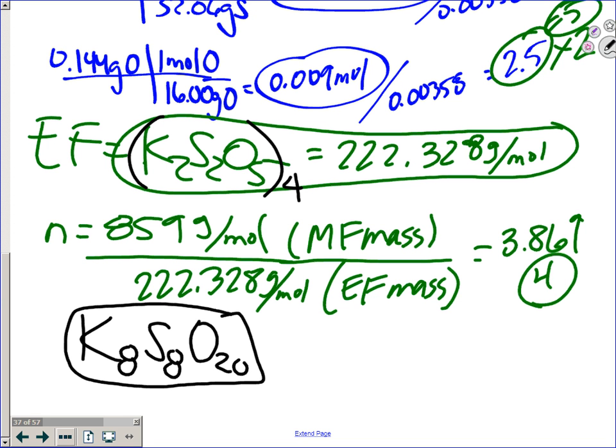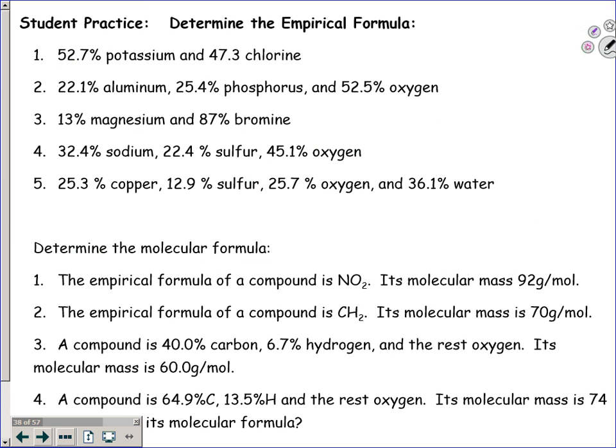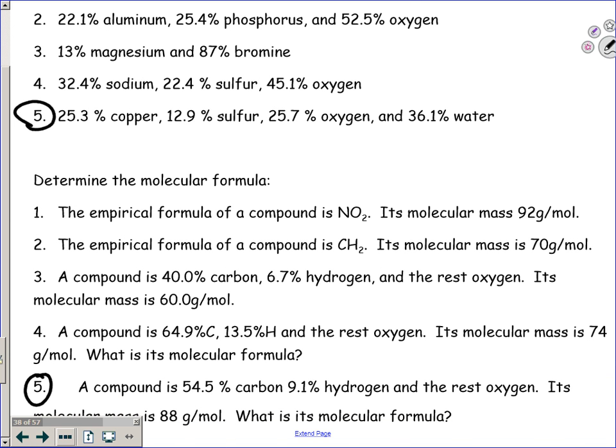Do you see number 5 under the determine empirical formula? I just want you to do both number 5s, and then you can start your problem set. Go. That means you have 27 minutes in class to get most of your problem set.